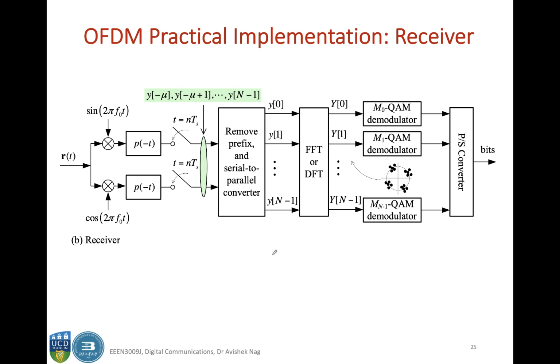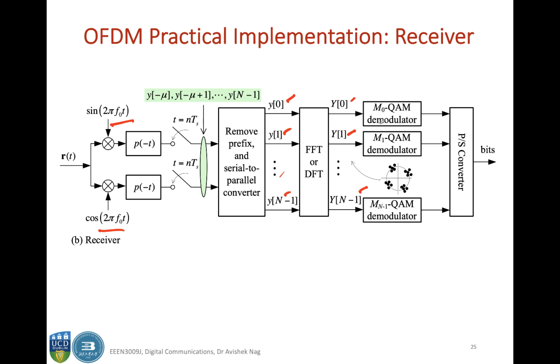So we first demodulate, and then remove the cyclic prefix and do serial to parallel conversion to get the output samples. And in the transmitter we did IDFT, so in the receiver we have to do FFT to get these complex symbols.